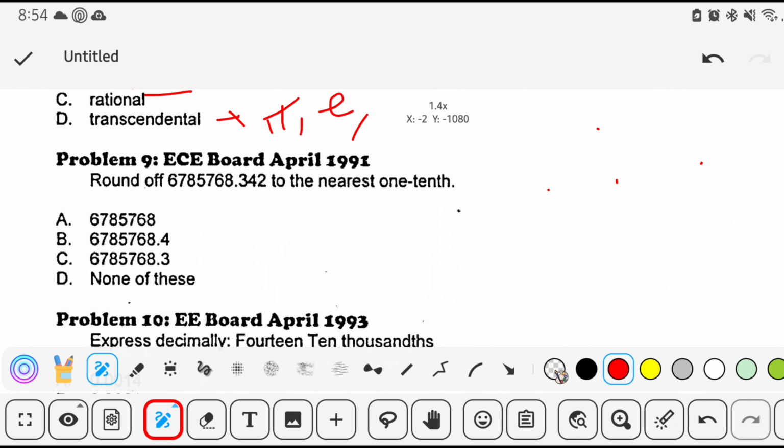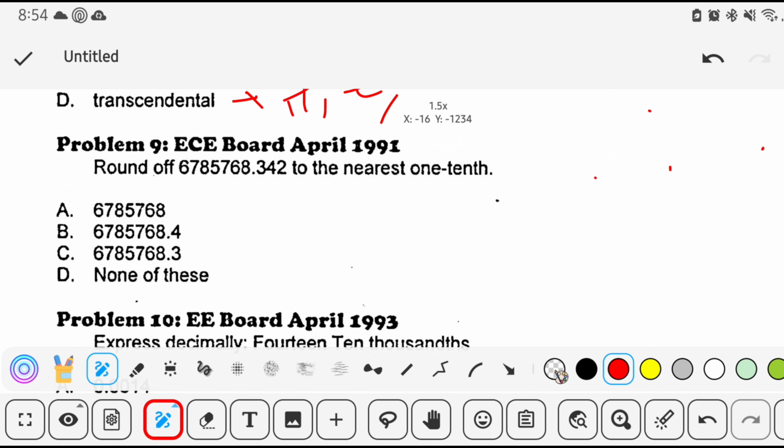So problem 9, round off 6785768.342 to the nearest tenth. In this kind of problem, we are being asked to round off to the nearest tenth. So it means we just have to look at the number after the decimal point.